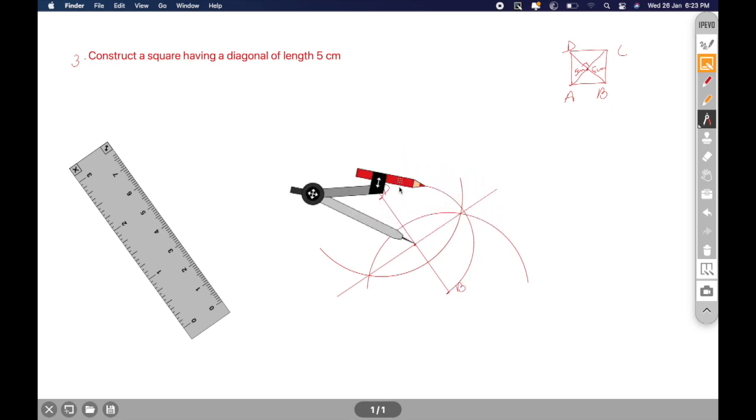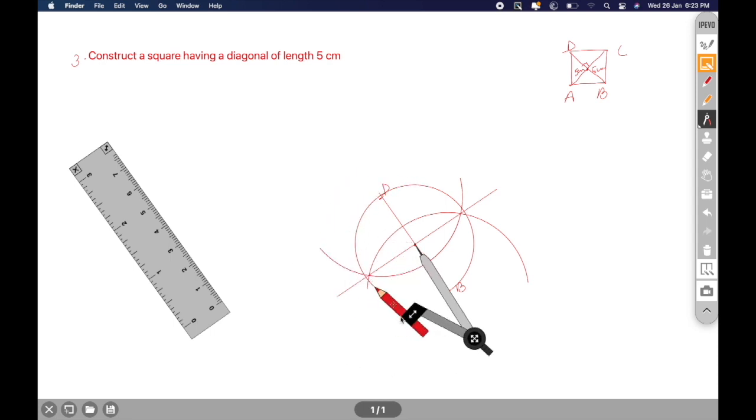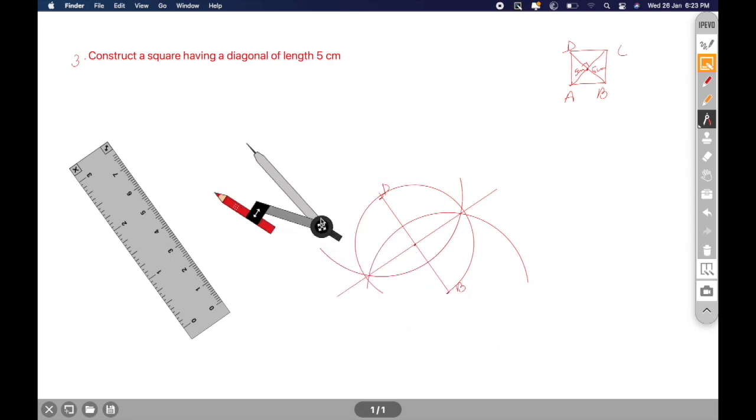So if we cut it here and here, we see that this point is the vertex C and this point is the vertex A, right? So let us join.